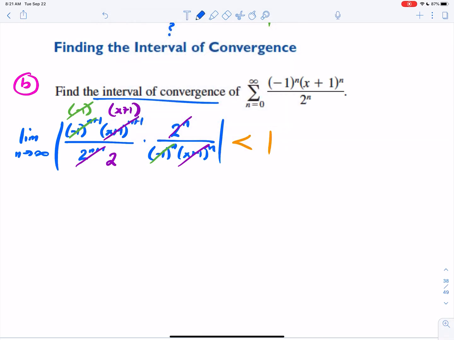We're taking the limit as n goes to infinity, so what has nothing to do with it? The absolute value of that x plus 1. Remember, I'm bringing out the absolute value, okay? Not just the x plus 1, times the limit of everything else that was left on the inside. So let's see, I have an invisible 1 at the top and a 2 at the bottom.